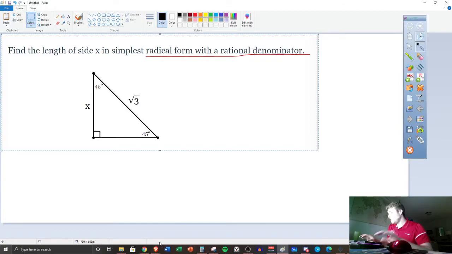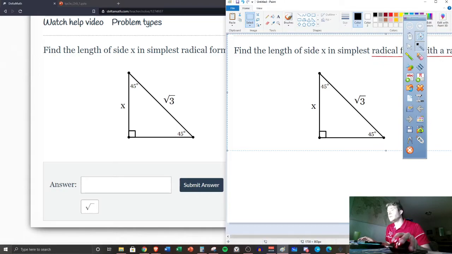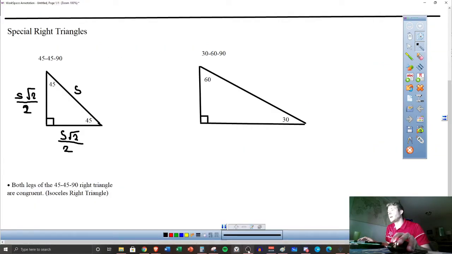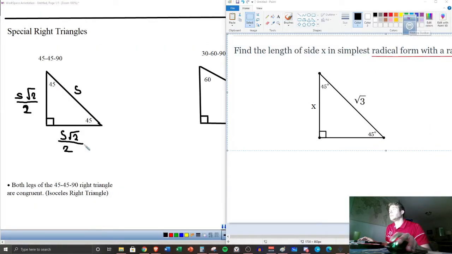Okay, so we have this rule. Pull up Paint again. Okay, so we have these rules here, and we know that we have this length square root 3. Make sure that you've written this example. So underneath the 45, 45, 90, put an example. We're going to draw this, and we're trying to find the missing leg. Well, what do we know about this?